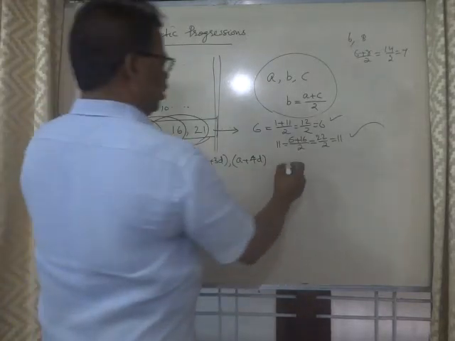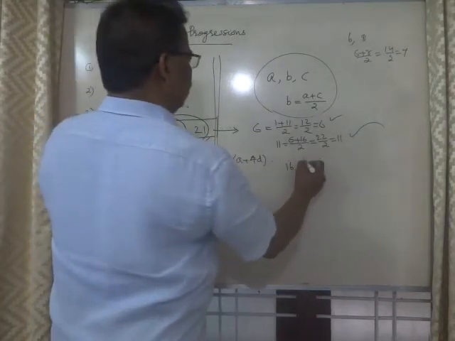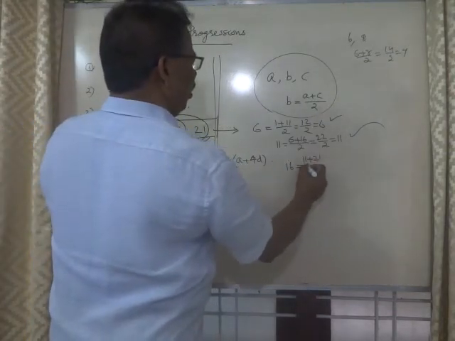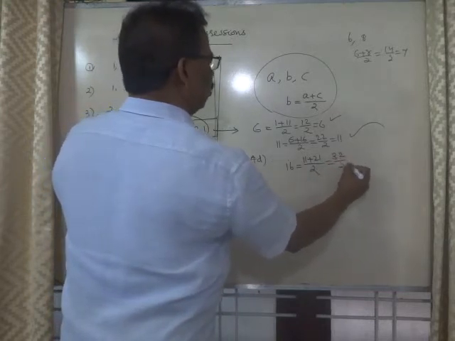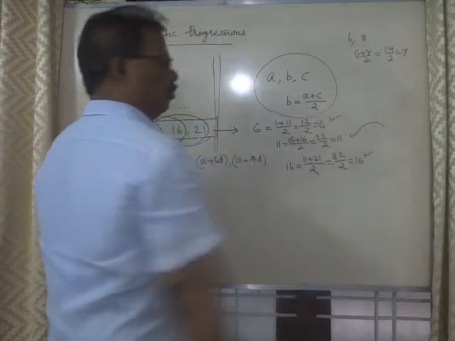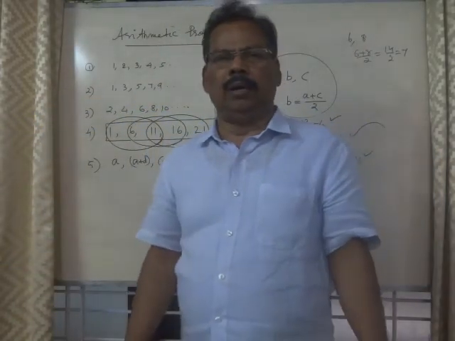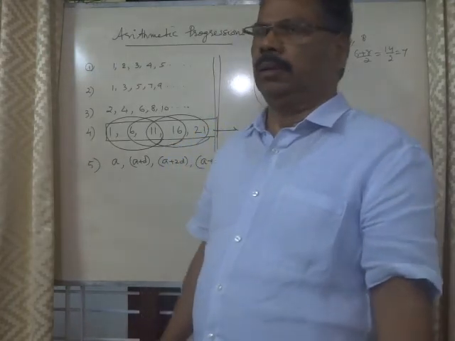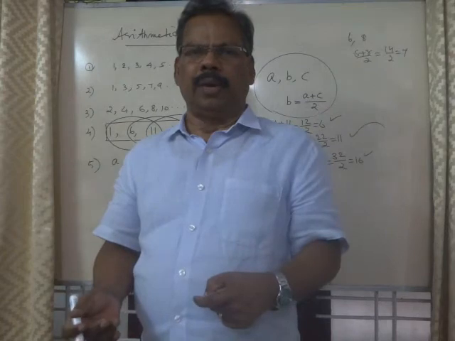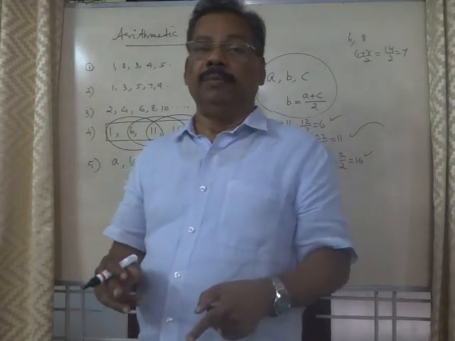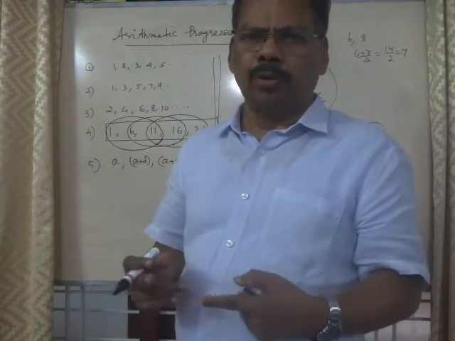Then 16 must be 11 plus 21 by 2. That is 32 by 2. It is 16. So it's true that in every arithmetic progression, if you take three consecutive terms, then the middle term will be the arithmetic mean of the other two terms.